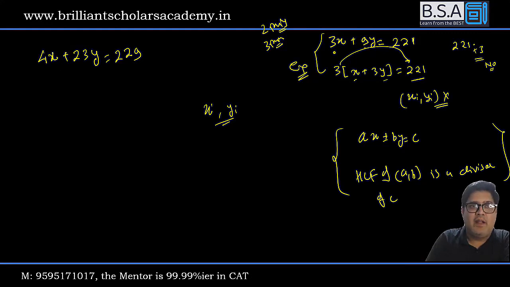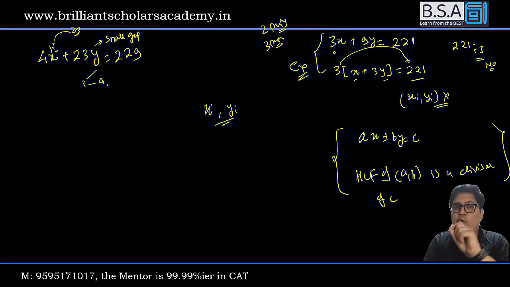Dekho, once you get an integer value, next integer value is after 23 points. I don't know whether ye 1 pe aayega, 2 pe aayega, 3 pe aayega, but once you get an integer, there is a gap of 23. Once you get an integer value, there is a gap of 4. To y mein small gap hai. So what you should do is you should replace 1, 2, 3, 4 here.